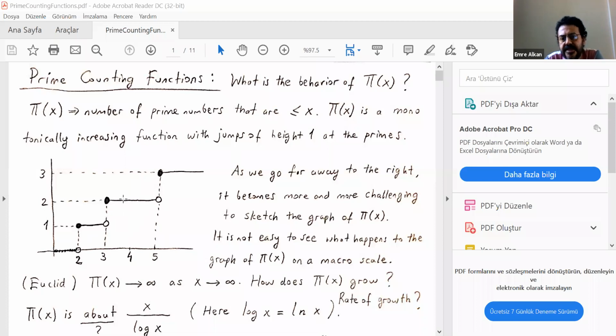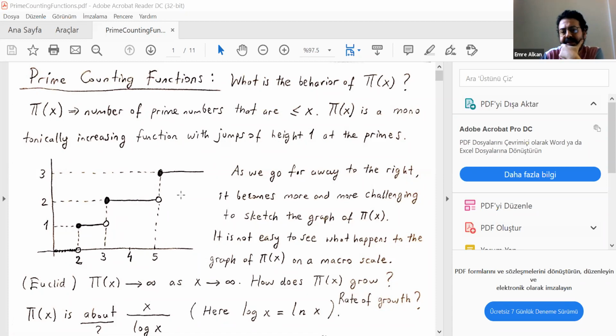Other than that, it's a step function, made up of steps. One can continue to the right by sketching these step functions, and you can see that there are occasionally jumps of height 1 exactly at the prime coordinates. Of course, now this is a toy graph.